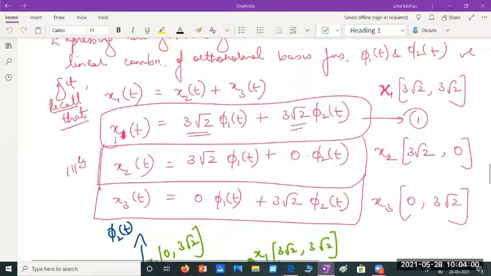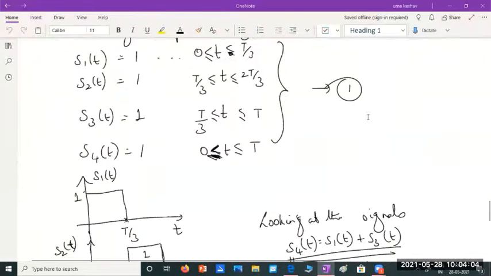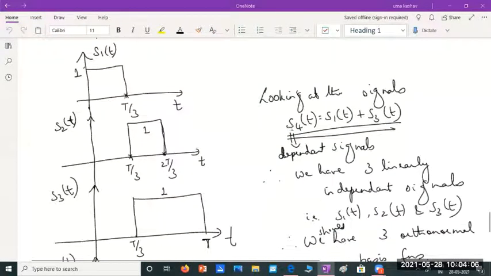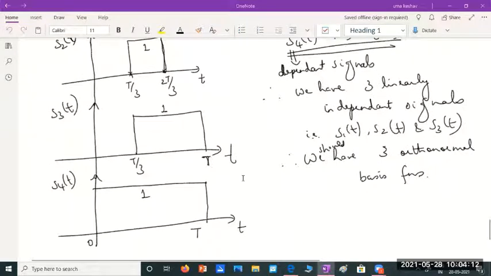So we considered 2 basis functions, phi1 and phi2. Whereas in this case, S4 depends on S1 and S3, but the others are all independent. Since we have 4 signals totally, and S1, S2, S3 are linearly independent, we have to have 3 orthonormal basis functions.